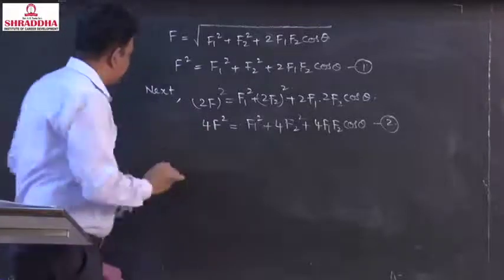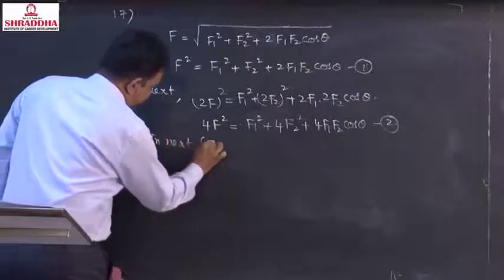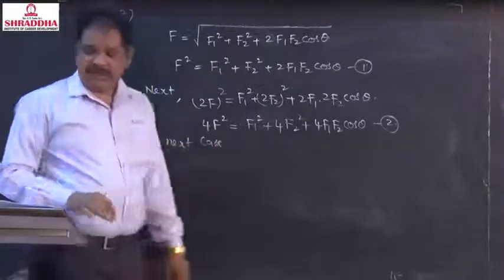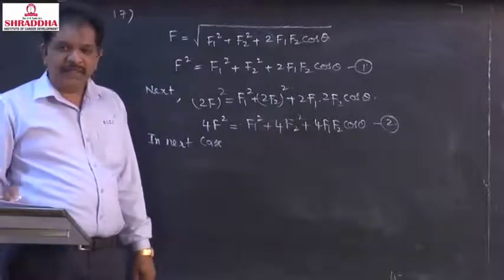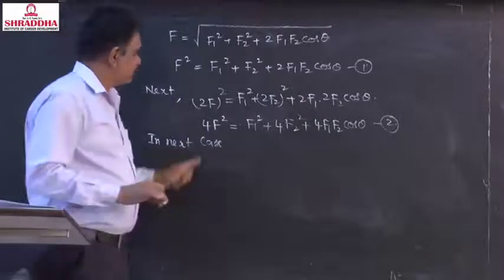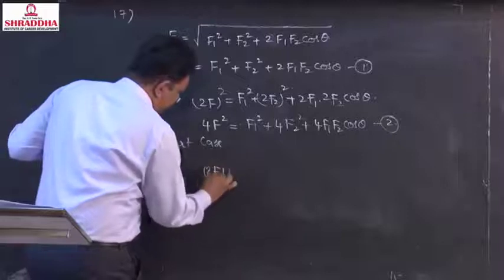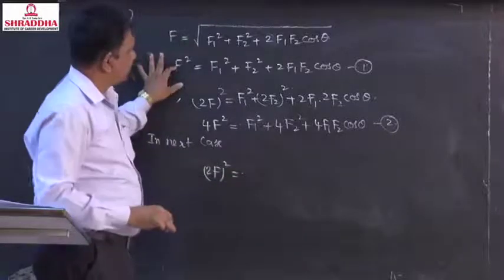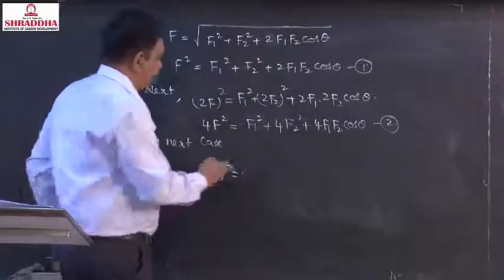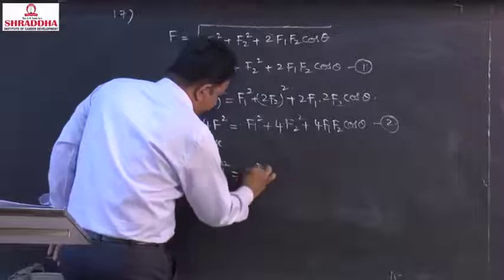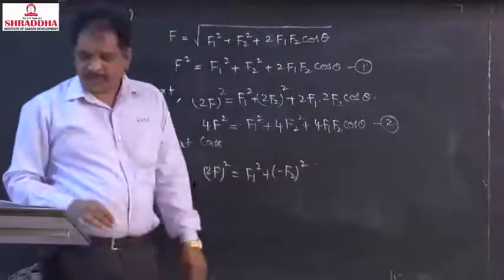In the next case, what they gave? If F2 is reversed, then F is also doubled. So F is doubled, from this one. F2 is reversed means F2 becomes minus F2. So this will be F1 square minus F2 whole square.